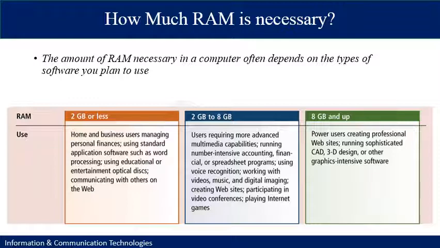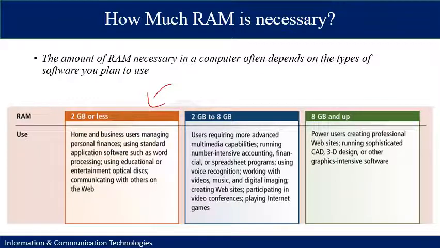For starters, it is suggested that 2 GB or less is suitable for home and business users who use standard application software such as word processing, educational or entertainment optical discs, or just using social media. For them, 2 GB or less of RAM in a system will be quite useful.